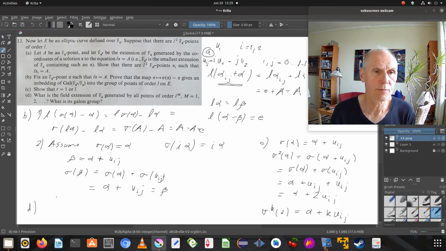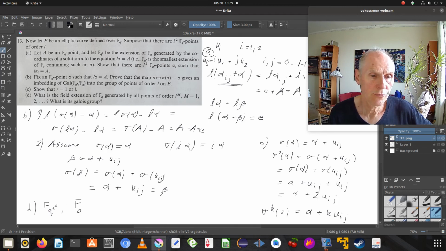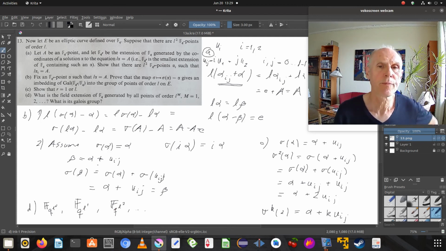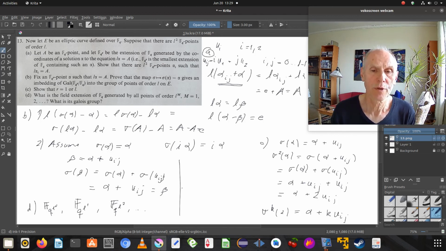This reminds me of part D of the last problem, because it's FQ to L to the naught, FQ to L to the first, FQ to L to the second, etc. And I believe that I described the Galois groups in connection in the last problem. So if we have F_Q^(L^n) over FQ.